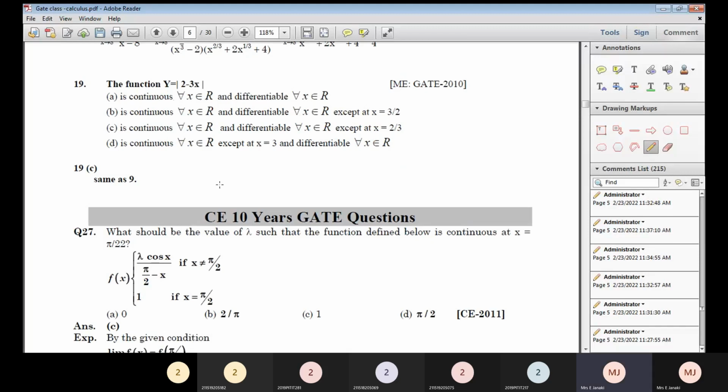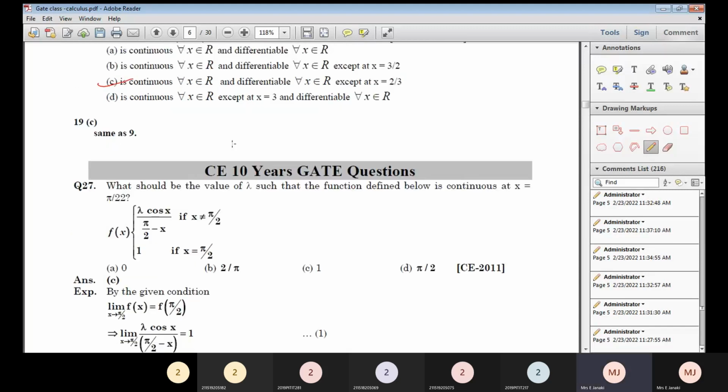It is differentiable for all x belongs to R and x is equal to 2 by 3. It is differentiable for all x belongs to R except at x is equal to 3, and differentiable for all x belongs to R. So for this problem, the answer is C.